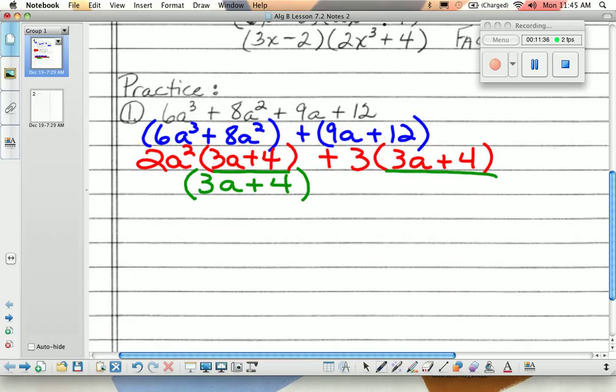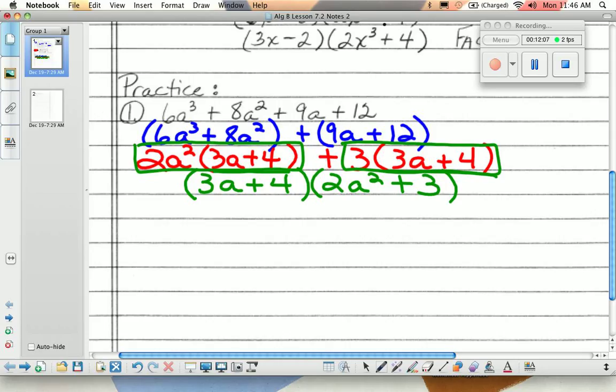This is a piece, and this is a piece, and we are dividing 3a plus 4 out of each piece. If I divide it out of the first piece, what's left? 2a squared. Plus, if I divide it out of that one, I have a 3 left. And that's our answer.